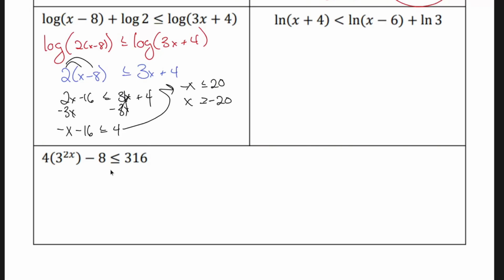So when I look at these, plugging in negative 20, I can't do it. But I'm allowed to choose numbers greater than 20.